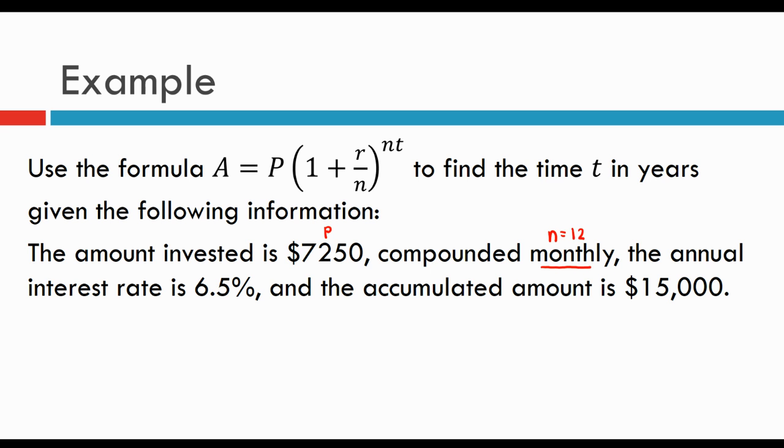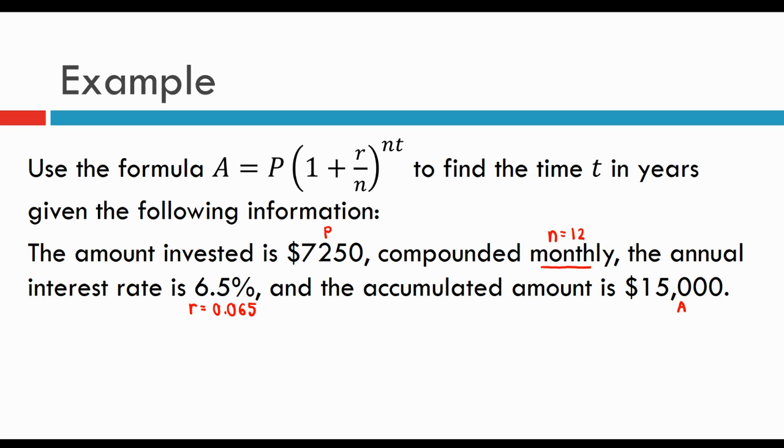We have an annual interest rate of 6.5%. So that means that I'm going to take this percent and write it as a decimal. So that would be dividing by 100 or moving 2 decimal places over to the left. So that's really 0.065. And we're talking about ending up with an amount of $15,000. So that's my ending point.